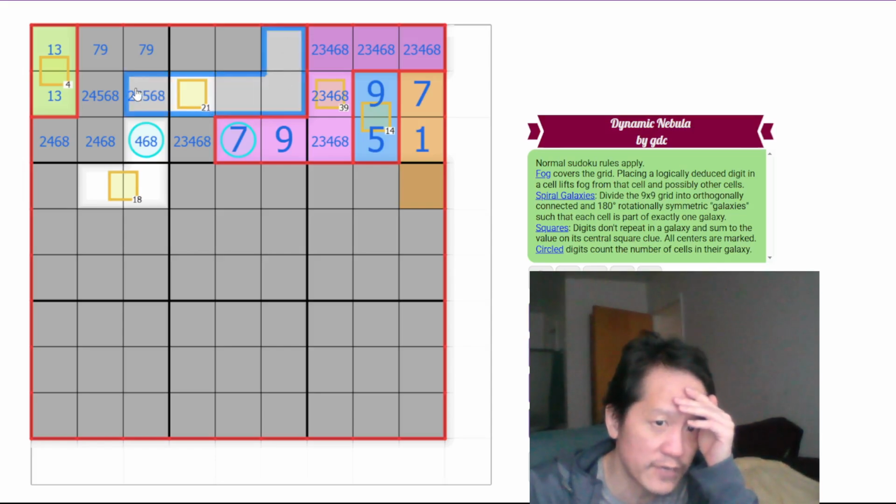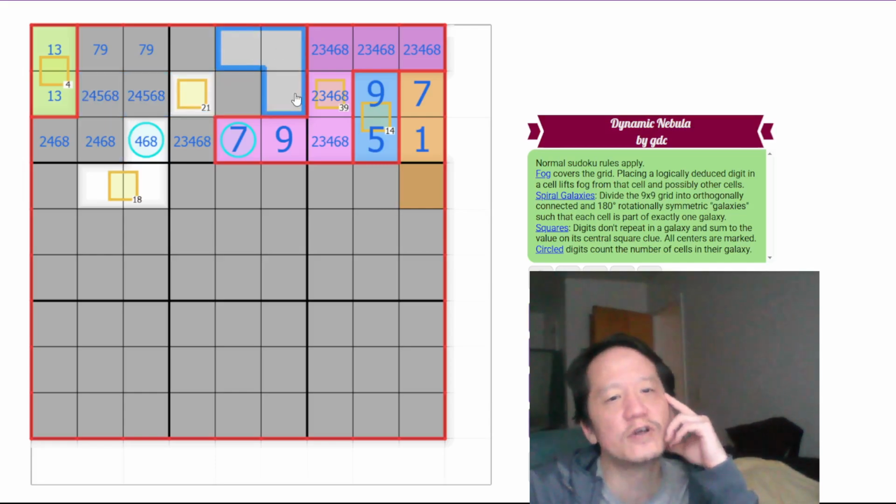It can't be 7. That's the problem, right? So we were trying to think, can it... Oh! It does have to be a square. These can all be singular galaxies here. That's the reason why.